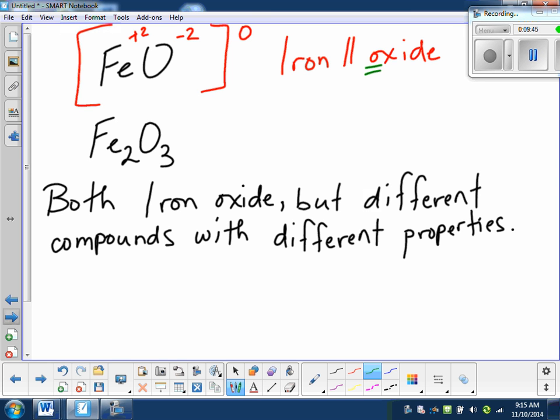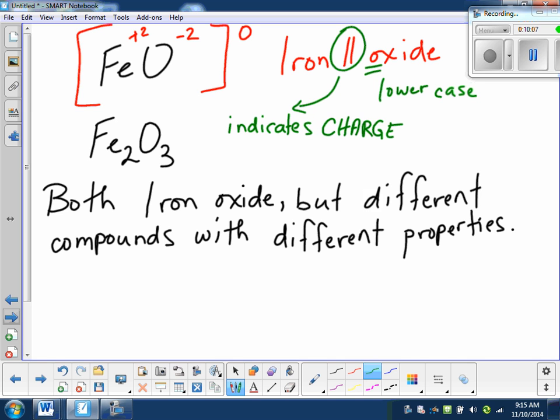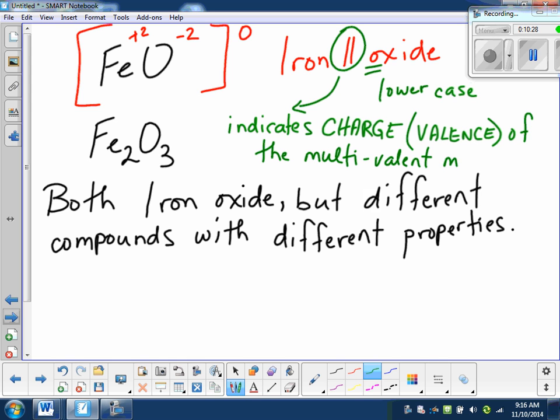So a couple things here. That second name is always lowercase. And the Roman numeral 2 indicates the charge, or as your book calls it, the valence, of the multivalent metal.